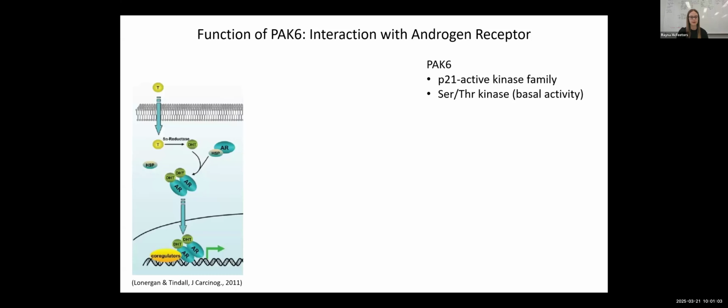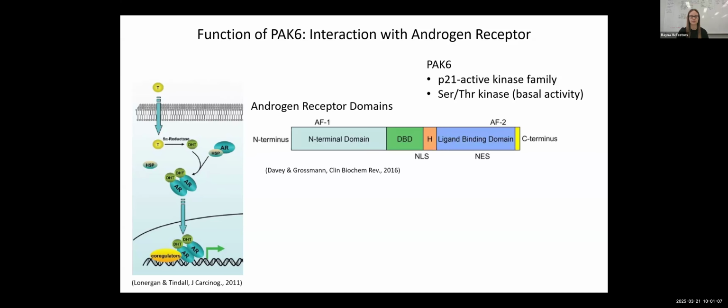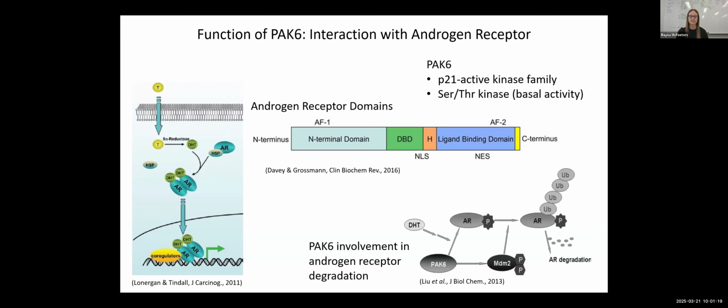Most notably, PAX6 interacts with the androgen receptor by binding to the ligand binding domain of the androgen receptor and phosphorylating its DNA binding domain. This inhibits AR-mediated transcriptional activities. When PAX6 phosphorylates serine 50 or 578 on the androgen receptor, binding of the receptor to MDM2 is enhanced, which leads to further phosphorylation and ubiquitination, leading to AR degradation.